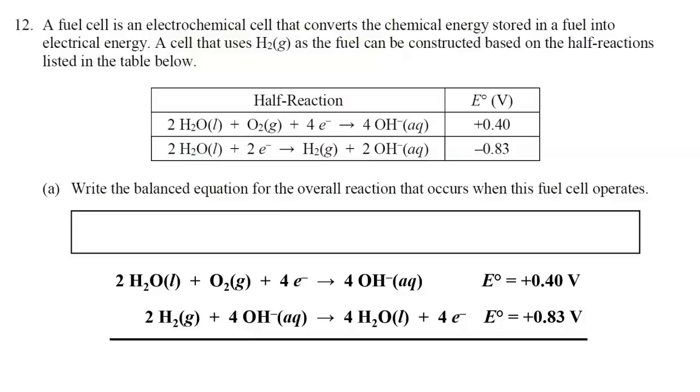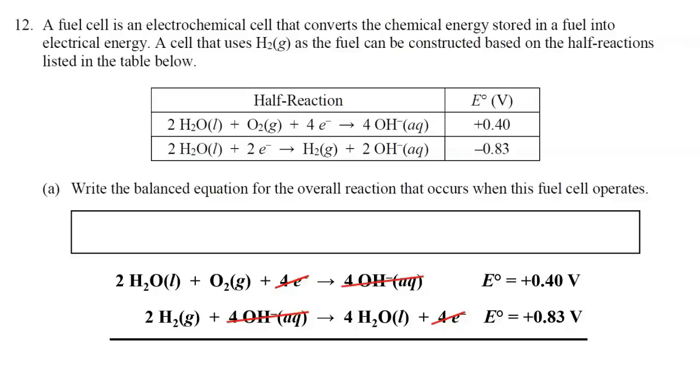Let's see if the electrons will cancel out now on opposite sides of the equation, and yes, they do. There's 4 electrons on the left and 4 electrons on the right. I can also cancel out other things that I see. For example, there's 4 hydroxide ions on the left, 4 hydroxide ions on the right, so they are canceled out.